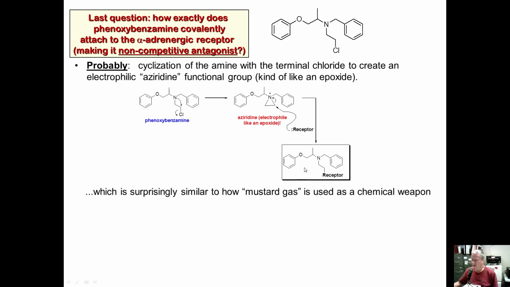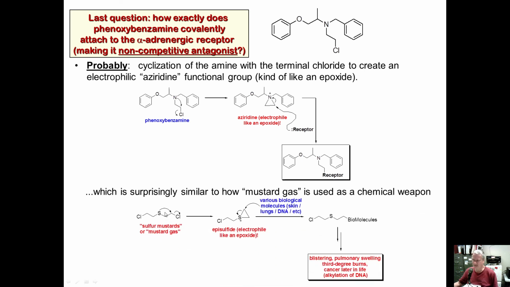Okay, so it's surprisingly similar to how mustard gas, which was used in World War I, I think, as a chemical weapon. So it's a similar kind of idea. These weird molecules with the chlorine and the sulfur and the chlorine, it's called sulfur mustard. Historically, I forgot why they call it mustard. It's not the kind of mustard you eat.